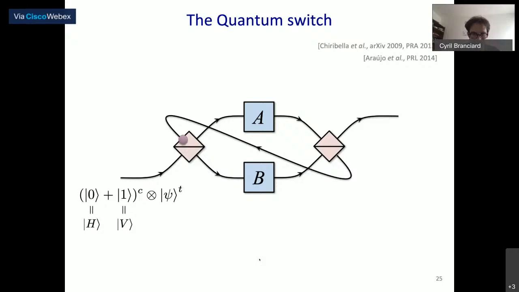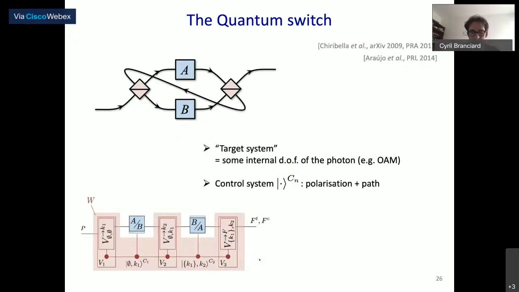Okay, that's a possible realization of the quantum switch. We can identify here how these operations are encoded. Maybe I will go quickly on that. Essentially, we can identify this control system that I was using, which is here encoded into the polarization and path. And in our description, this system actually only needs to be two-dimensional.